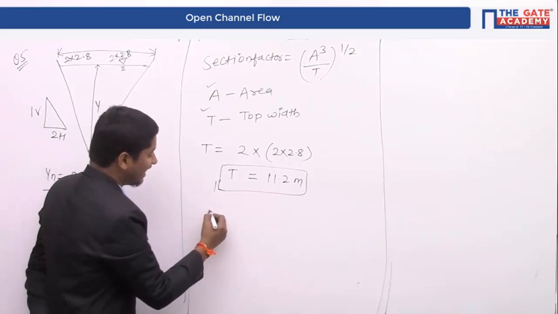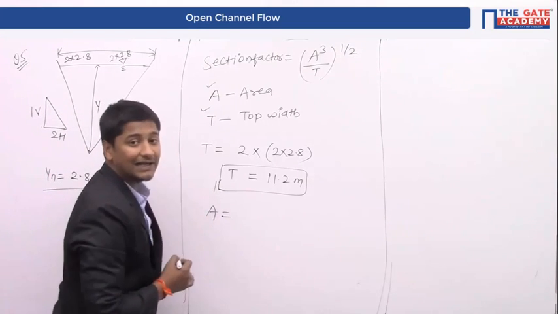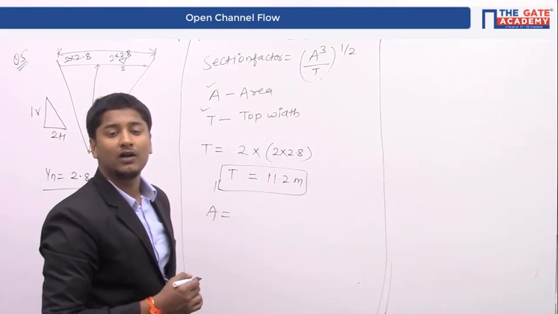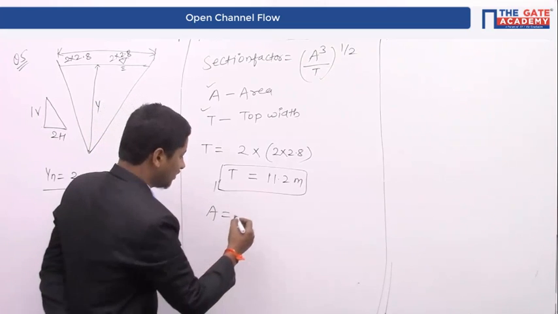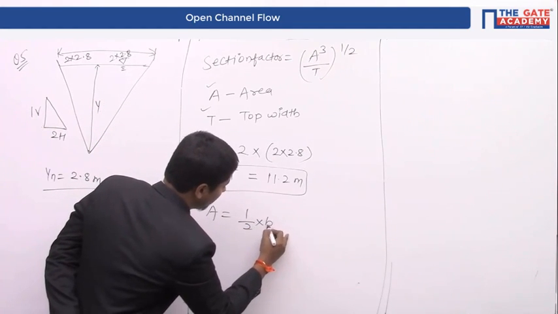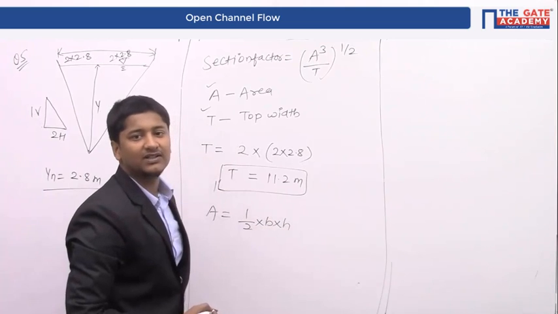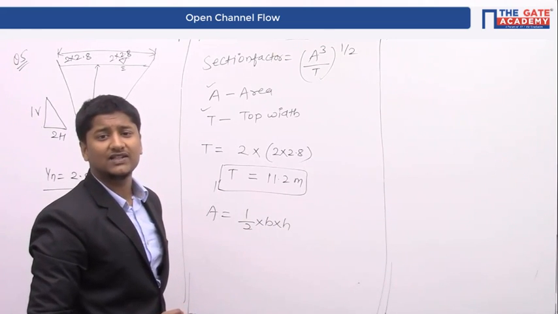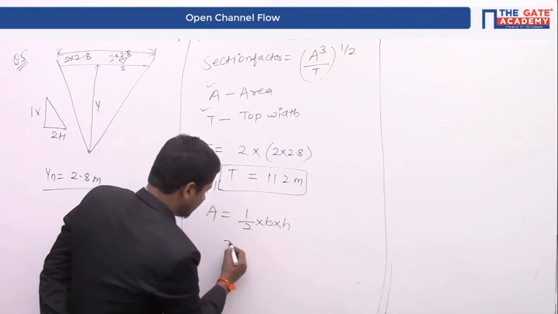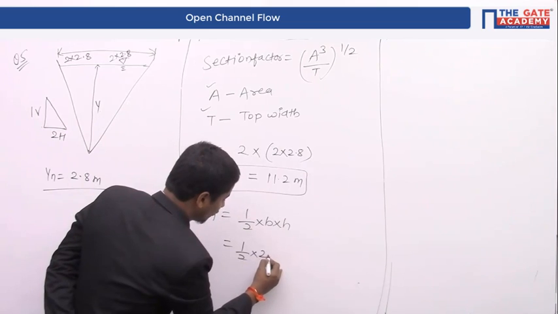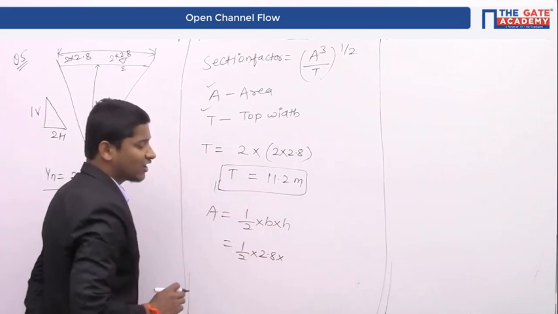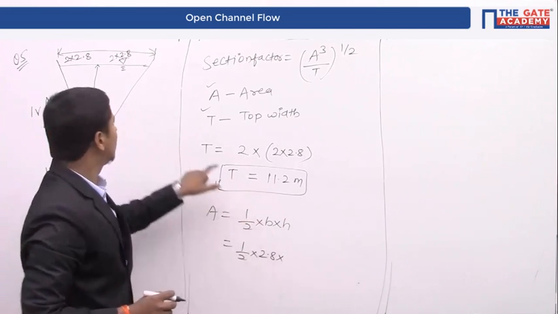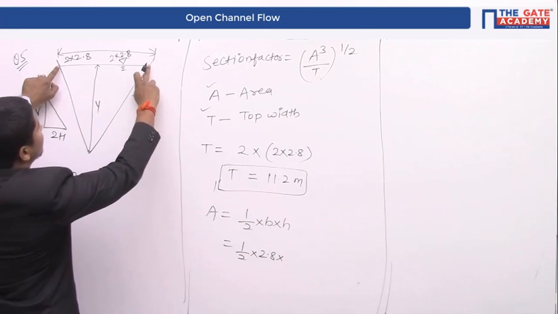Now coming to the area. The area of a triangular section will be half into b into h. H is nothing but the depth of the triangular section, that is yn, given in this question as 2.8 meter. So half into 2.8, that is h I am writing. Now b is this whole part, the total b.